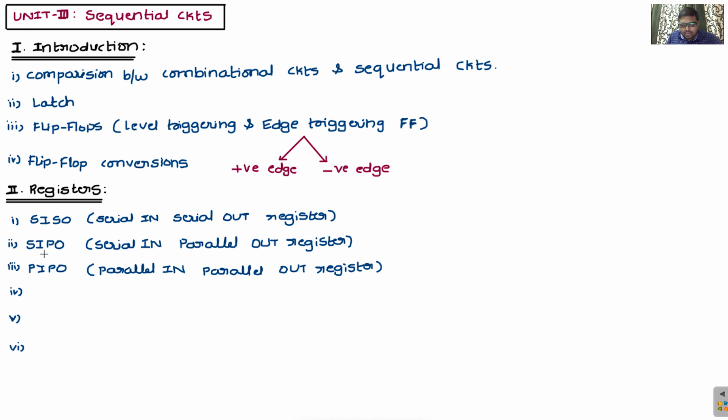Next, parallel in, serial out, PISO. Okay, these are the four types of registers, and they perform left shift or right shift operations.